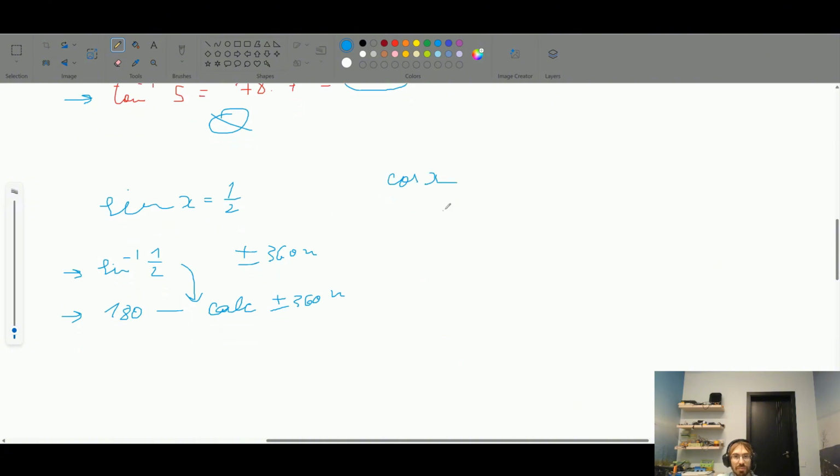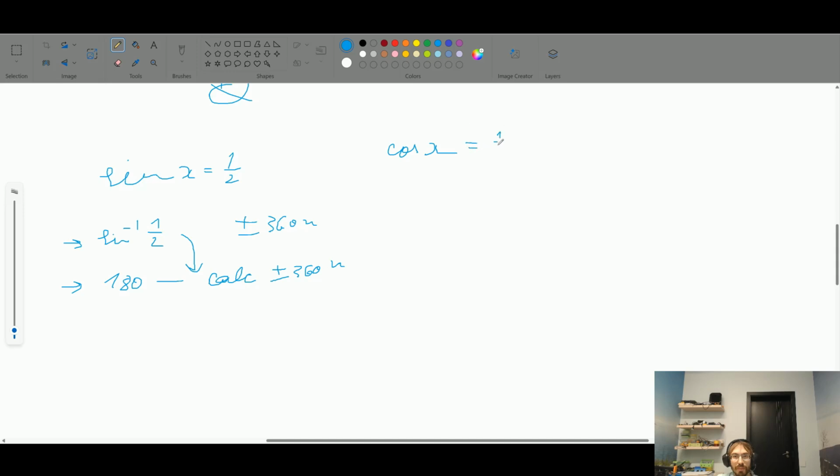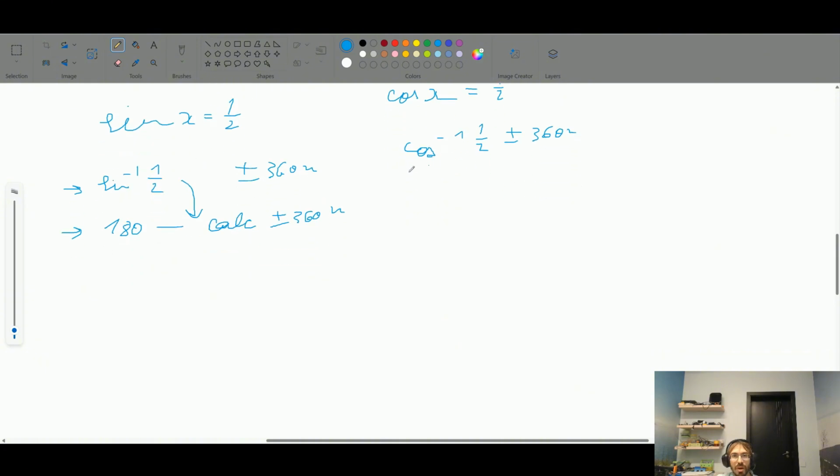In case of cosine x equals 1/2, everything will be the same, but with only one difference: this 180 will be 360. So cos minus 1 of 1/2 plus or minus 360n, or 360 minus cos minus 1 of 1/2 plus or minus 360n.